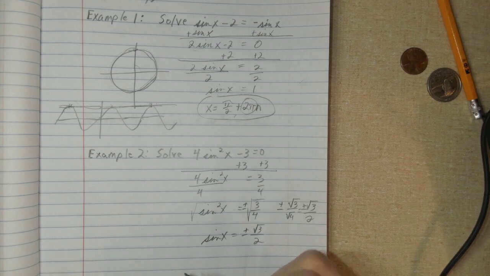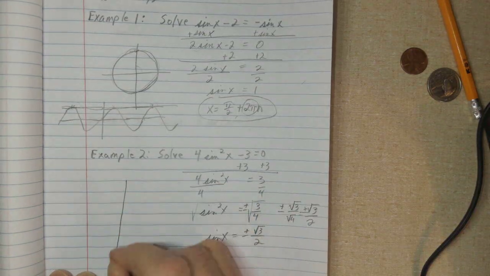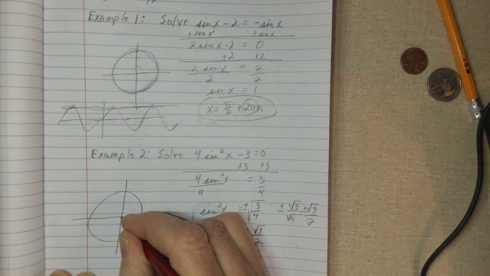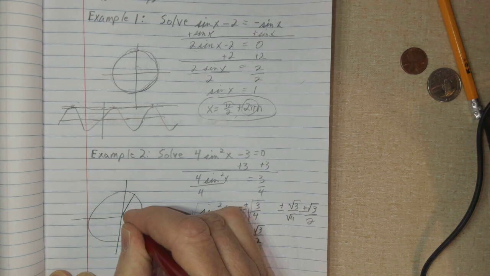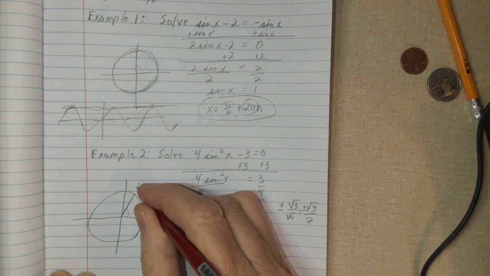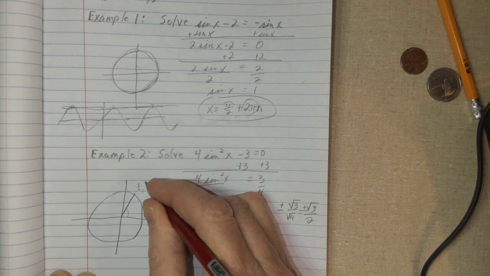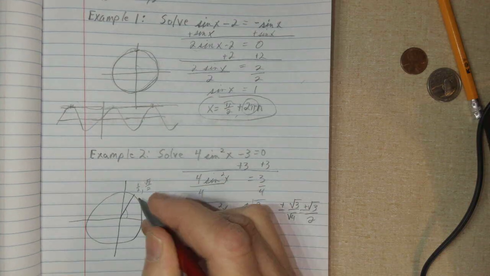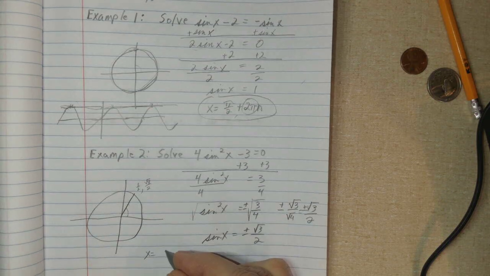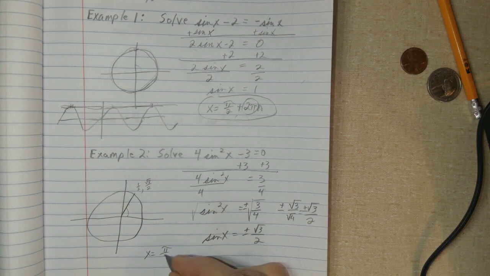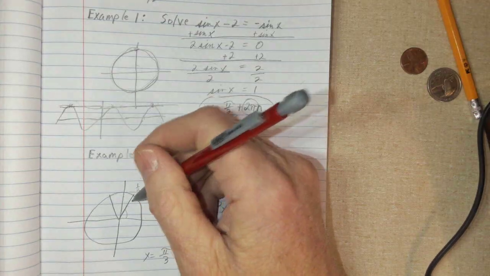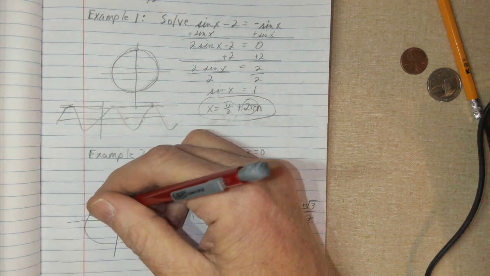So if you're looking at your unit circle, that's up here. This is pi over 3, right? And the x-coordinate's 1/2, and the y-coordinate's square root of 3 over 2, and that's what we're looking for. So if I write down, I've got x equals pi over 3, and I think right here you would get the same thing.